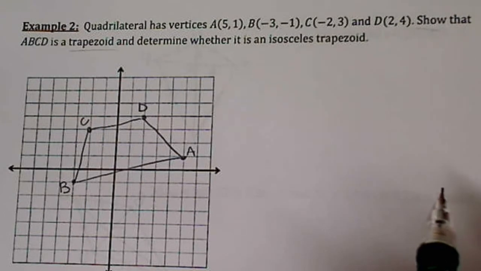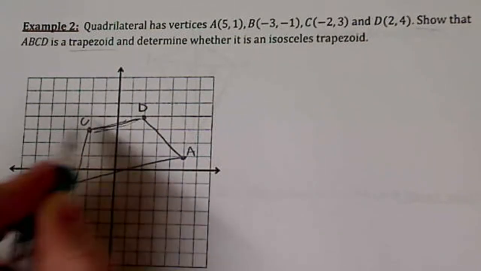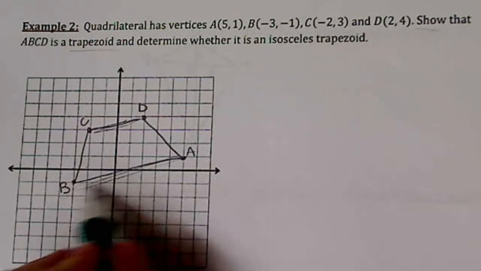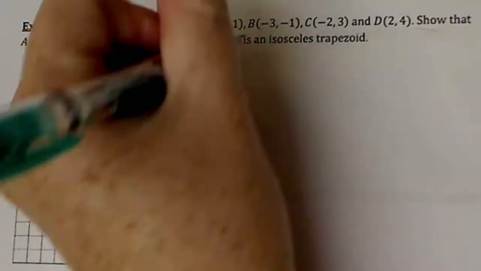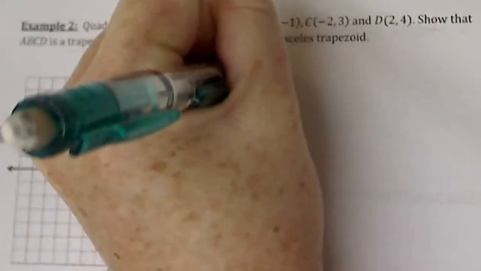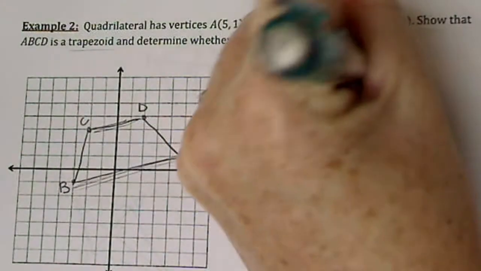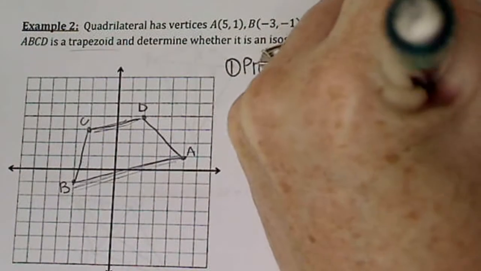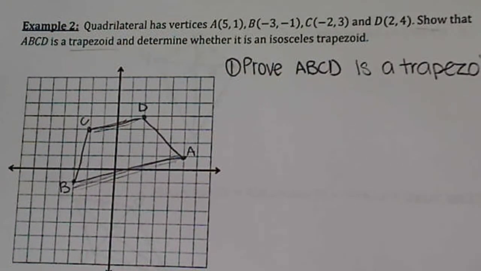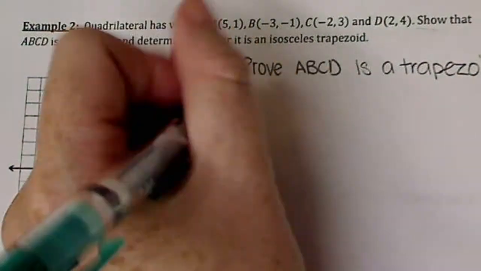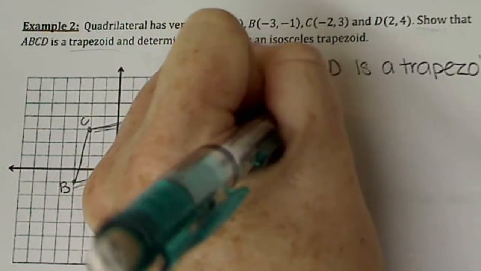But in order for it to be a trapezoid, we need to see if CD is parallel to AB. So in order to do that on a graph, we're talking about slope. So first, prove ABCD is a trapezoid. That means, is CD parallel to AB?